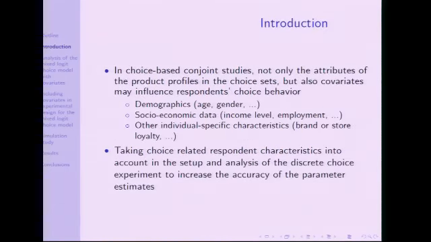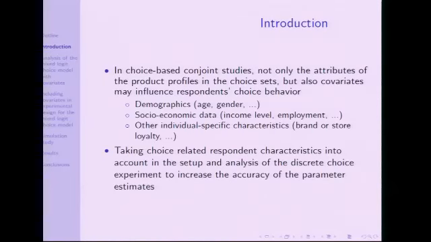So recently in the discrete choice literature, there has been a huge interest in covariates. More and more researchers are convinced that not only the attributes that describe the profiles in the choice sets influence the choice behavior of the respondents, but also covariates can say a little bit more about the preference structure in the population.